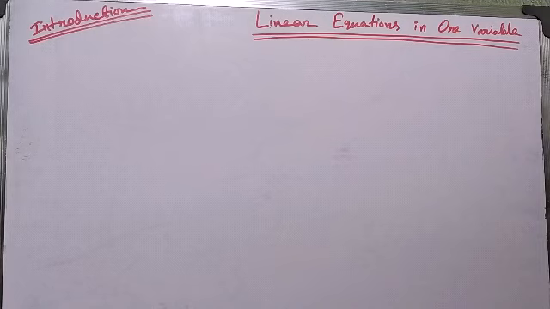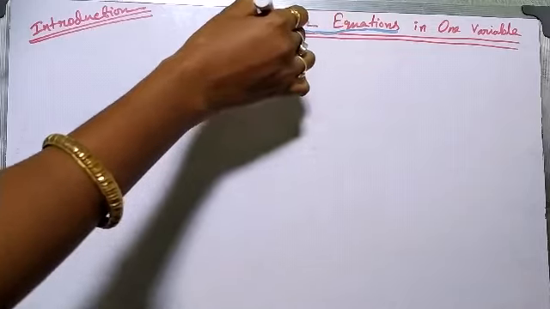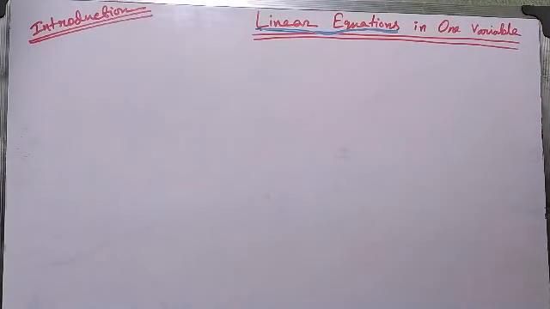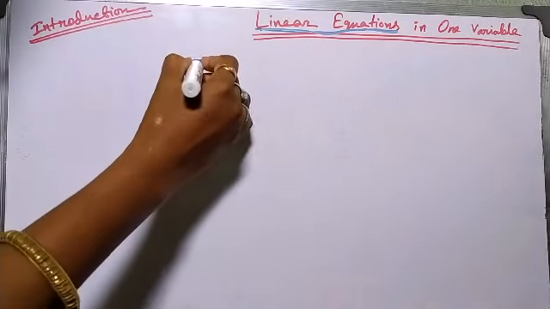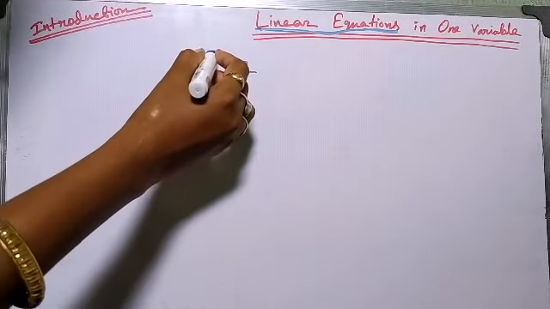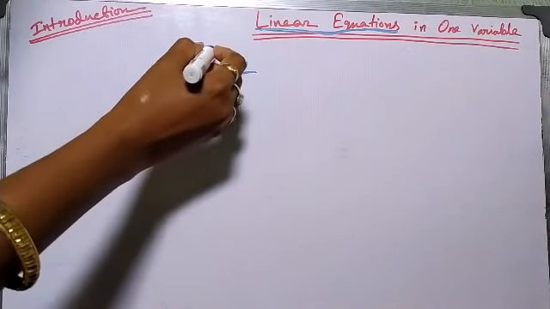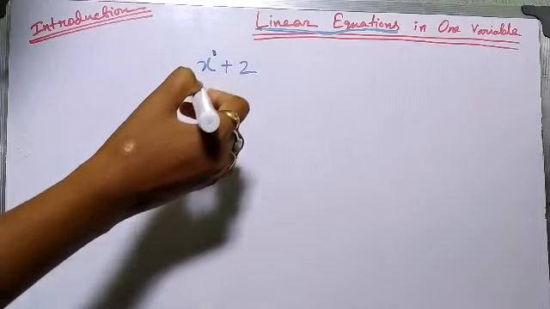First of all, starting with the name of the chapter, that is linear equation. Why is this name linear equations? Linear equation means, suppose x plus 2. Here the power of x, that means the power of the variable term, will be 1. That's why its name is linear equation.